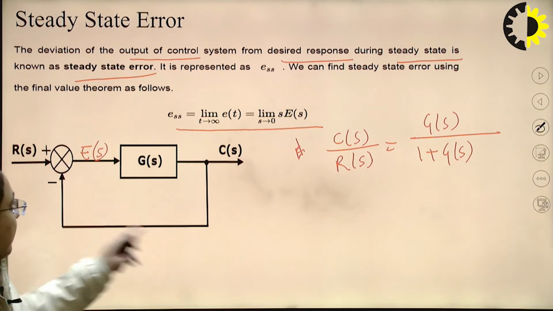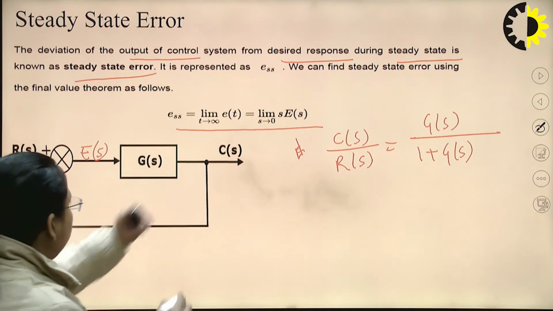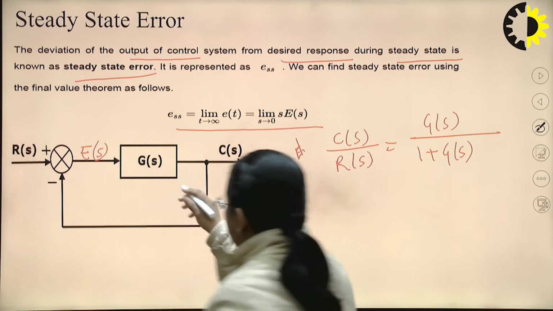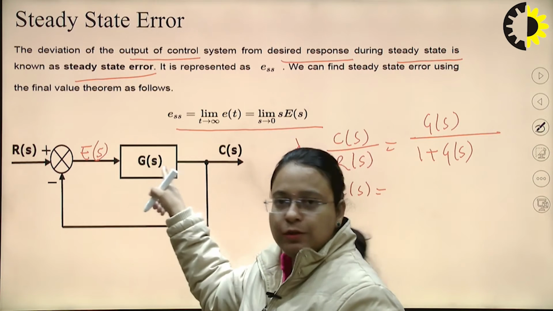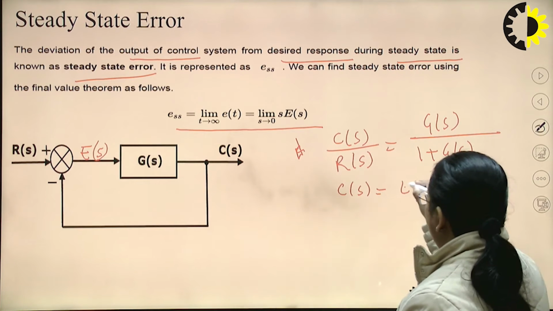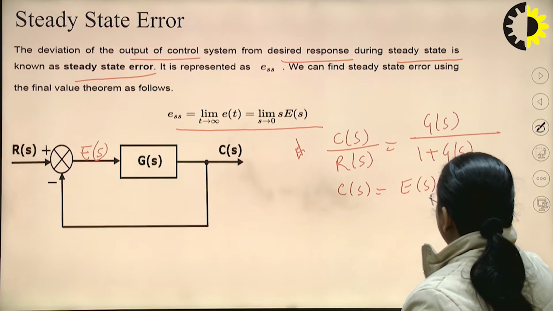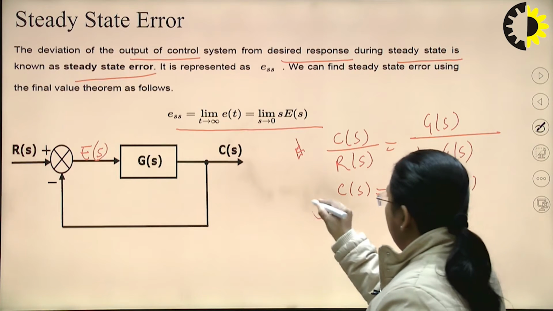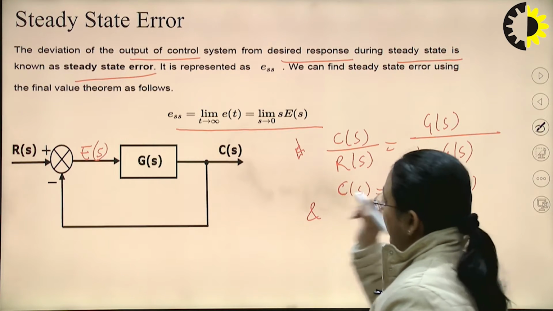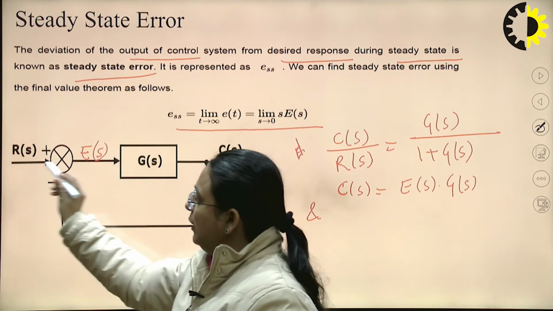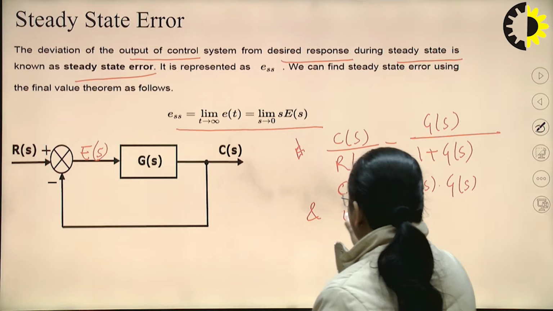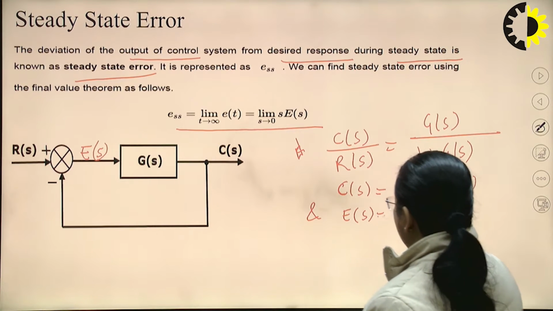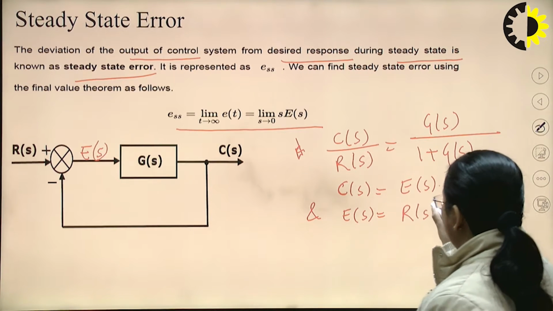So from this diagram we can write that C(s) will be equal to E(s) into G(s), and we can also write that E(s) will be equal to R(s) minus C(s).